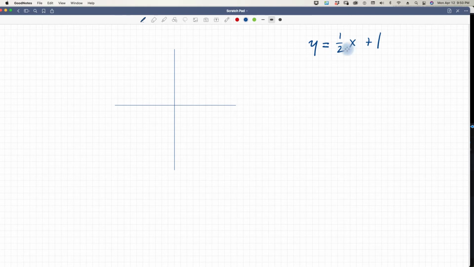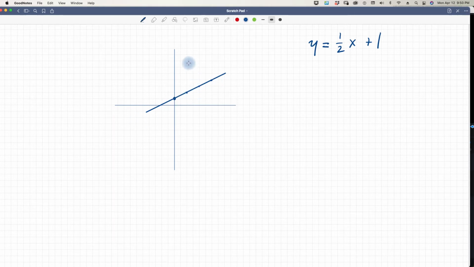Let's put this on here. We have 0, 1 is our y-intercept because of base 1. And we're going to go up 1 over 2, up 1 over 2, up 1 over 2, right? And that's our line right there.